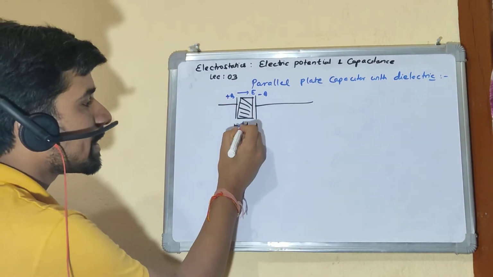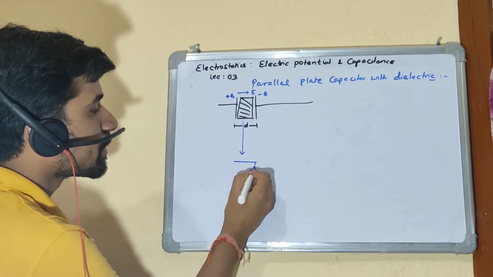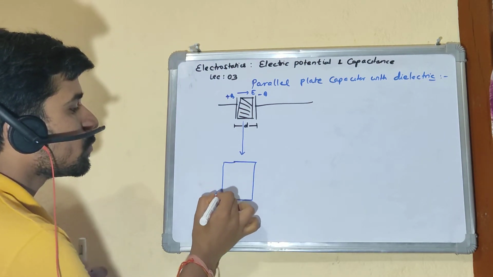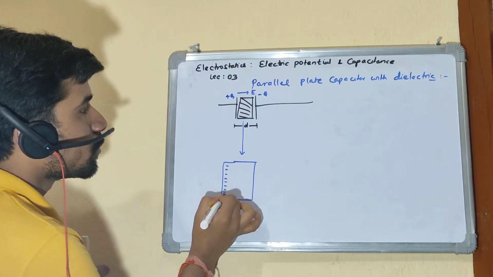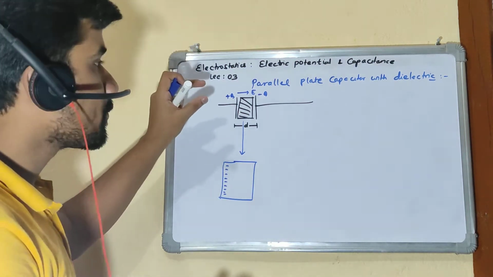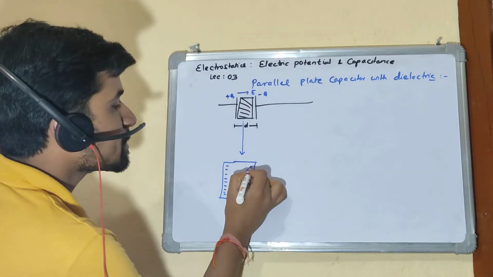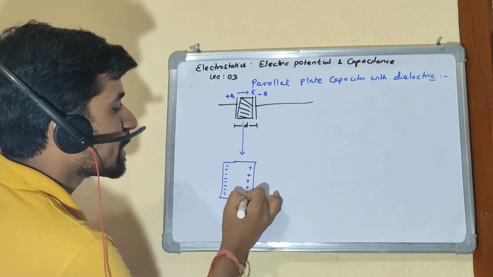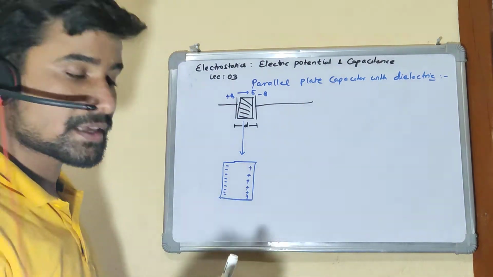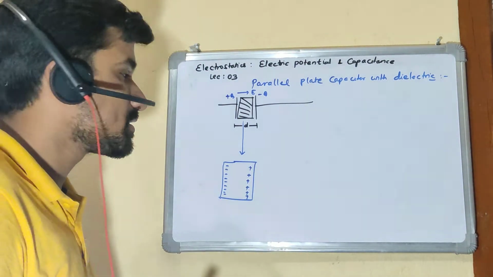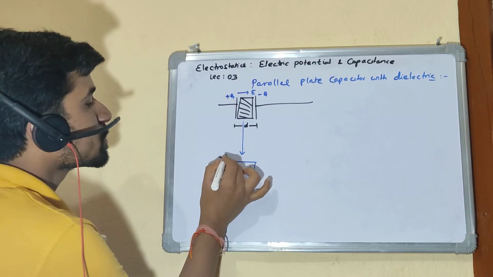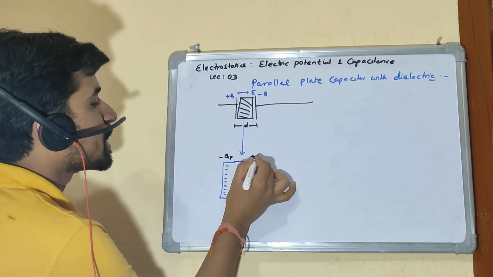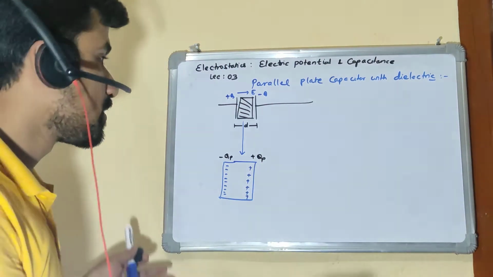If I zoom into the dielectric here, the dielectric will have charges in this manner: negative towards the positive plate, and positive charge towards the negative plate. You know, unlike charges attract each other. So let's say this dielectric gets minus QP and plus QP charges along its surfaces.